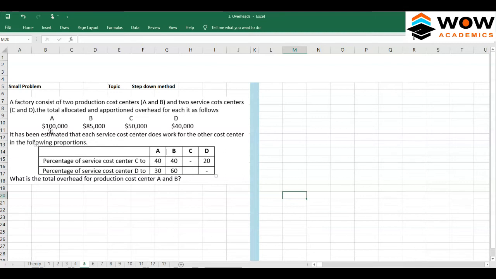It has been estimated that each service center does work for the other cost centers in the following proportions. You could see here, department C service center gives its service to 3 and department D gives its service only to 2. So we will have the table.